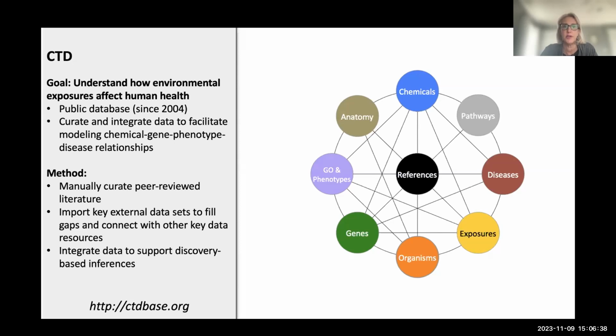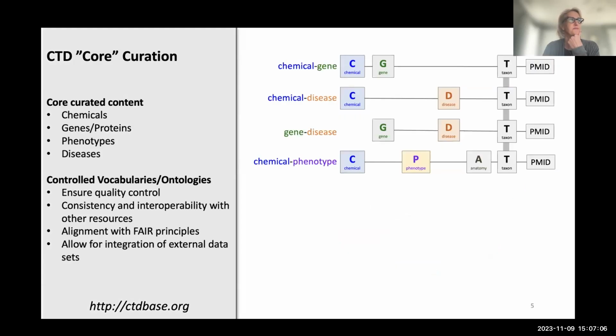We focus primarily on chemical, gene, phenotype, disease, and exposure information, and I'll show you more about what that looks like. We go into the peer-reviewed literature, and we're pulling out very specific types of information and integrating that in such a way that you can, as a user, make connections that might not otherwise be obvious if you're just looking through the literature on your own.